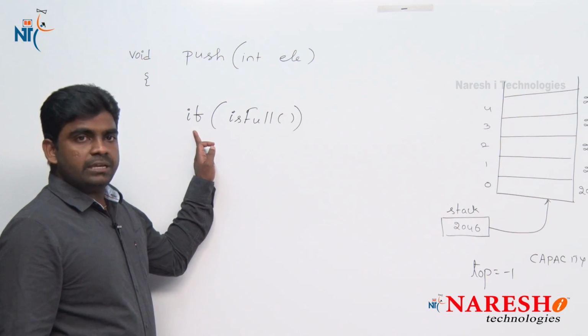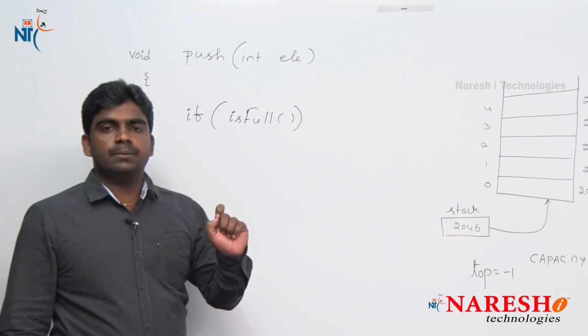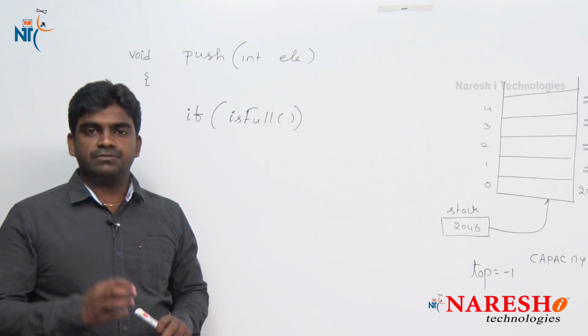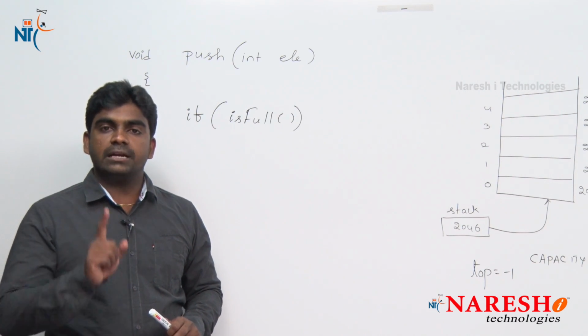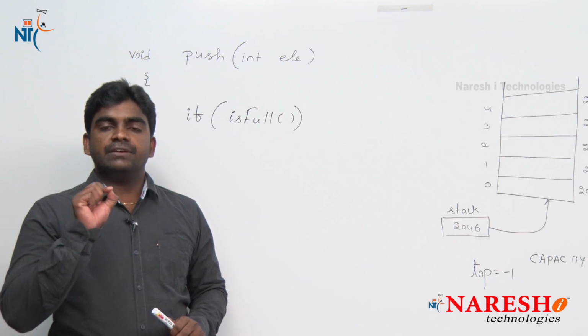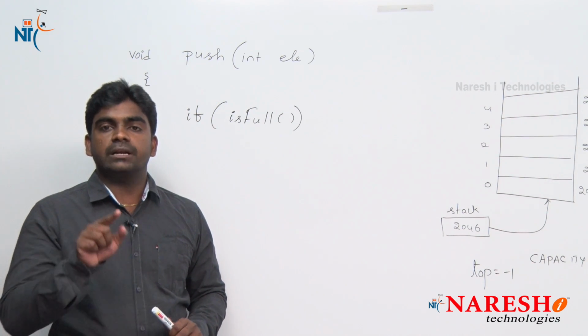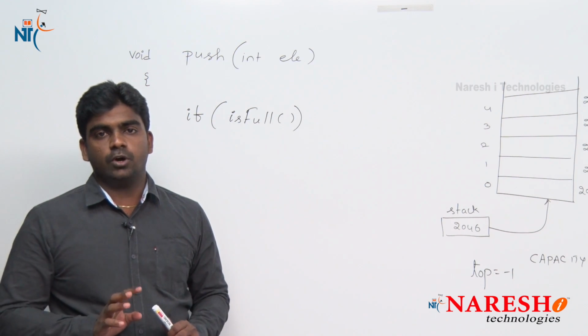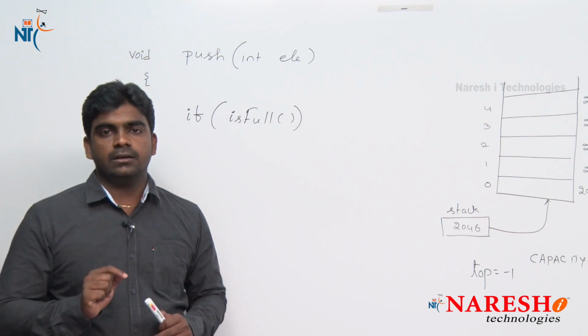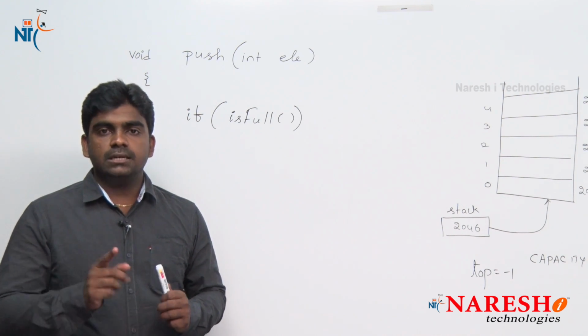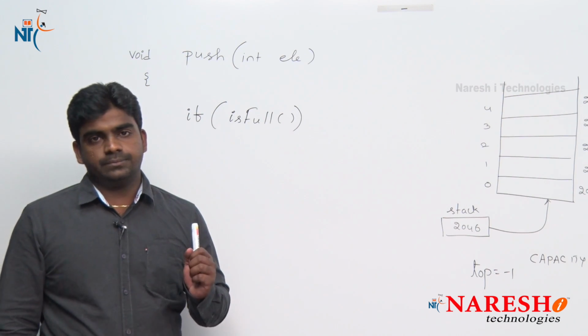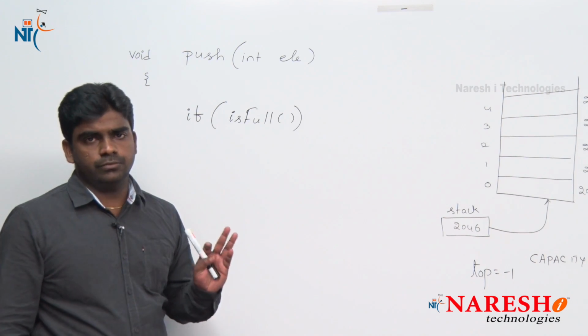The isFull function return type is integer. If the stack is full, it will return 1. If the stack is not full, it will return 0. On success it returns 1, on failure it returns 0. So like that you have to write. I will show you the logic very clearly.